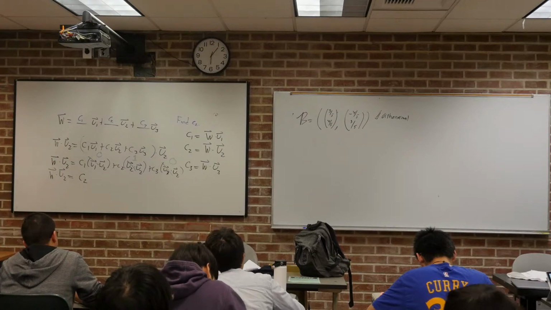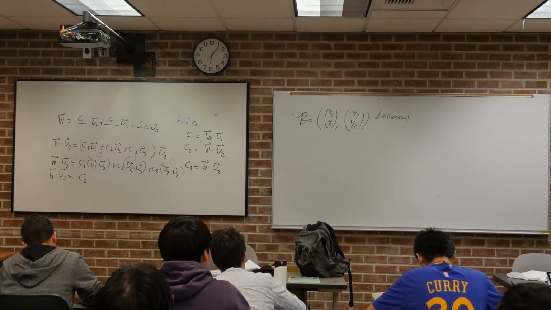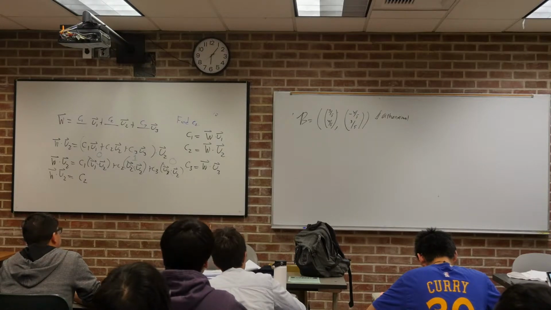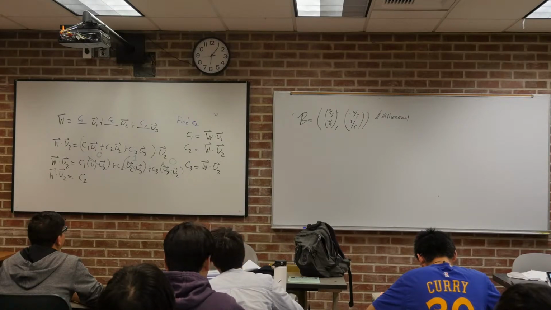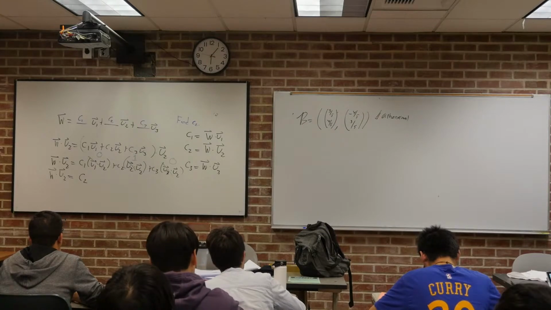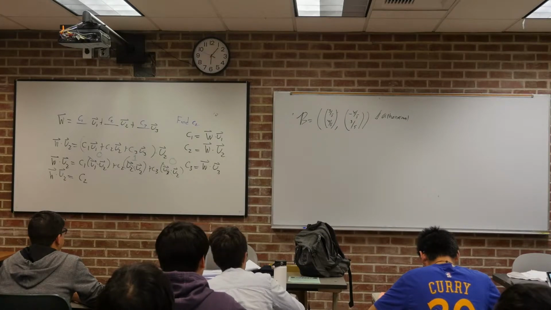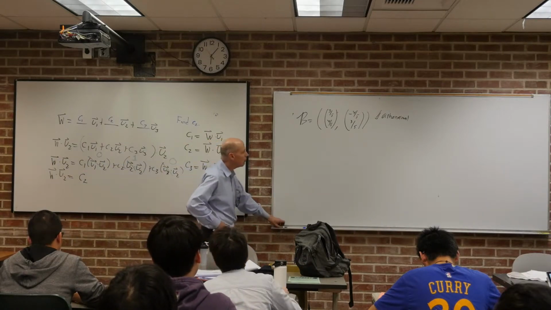It's first vector 3/5, 4/5, second vector -4/5, 3/5. Do you believe that's orthogonal? Yes. Good. So if I do the dot product of these, I get -12 over 25 plus 12 over 25. And do you believe that each of those are unit vectors? Yes. So it is orthogonal. I'm not trying to trick you here, it really is.